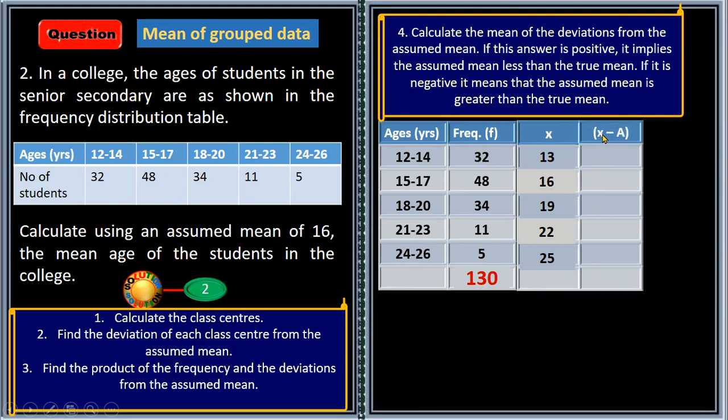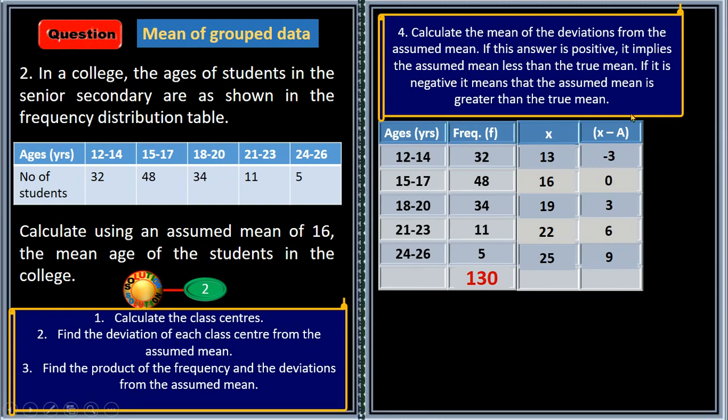The class center here is 13, the assumed mean is 16. What's the difference, 13 minus 16? That's minus 3. 16 minus 16, that's 0. 19 minus 16 will give us 3. 22 minus 16, 6. 25 minus 16, 9. Now we know the deviation of each class center from the assumed mean.